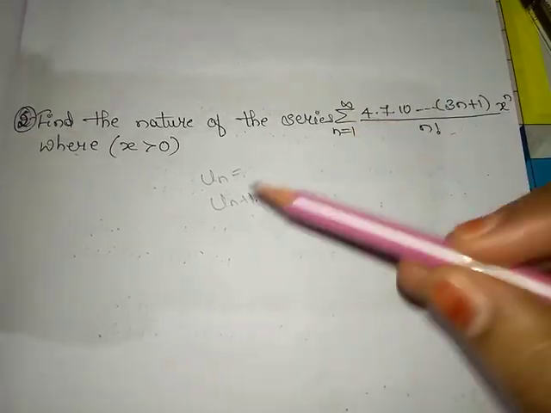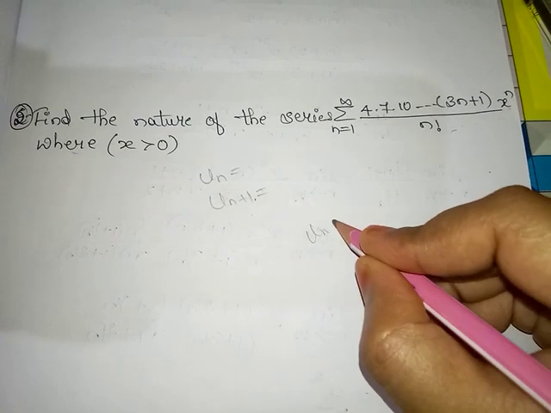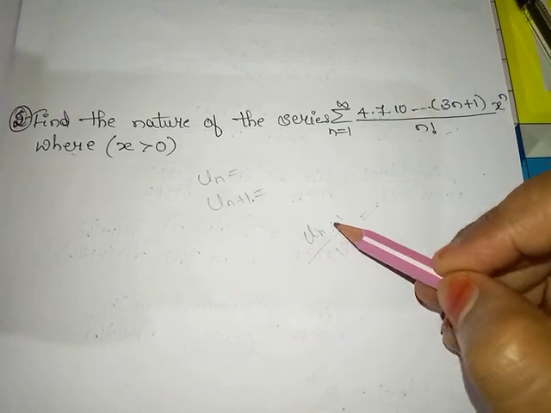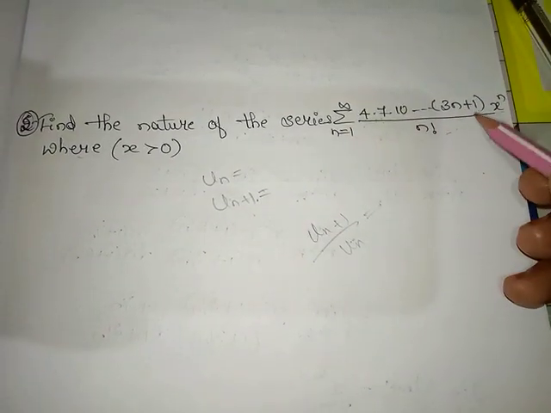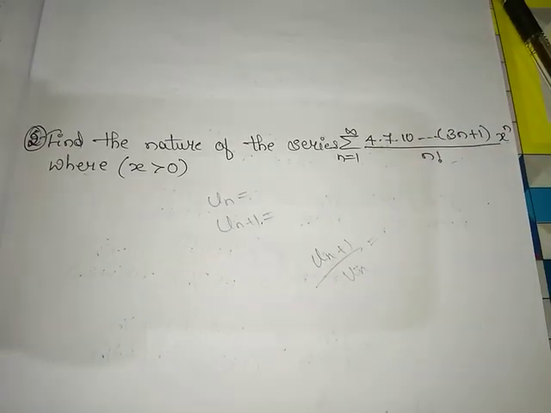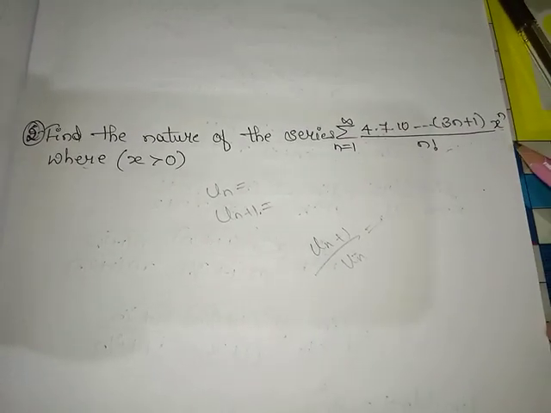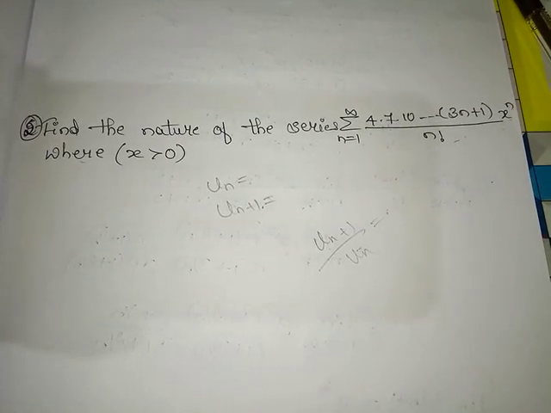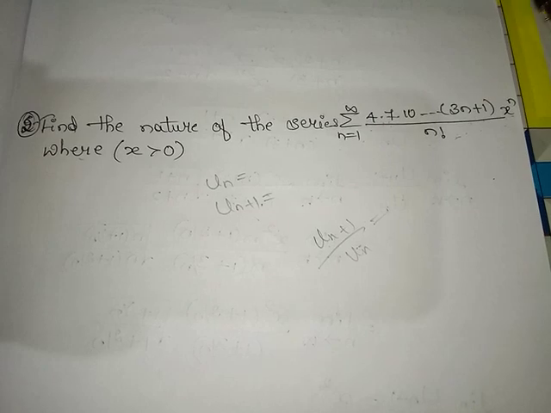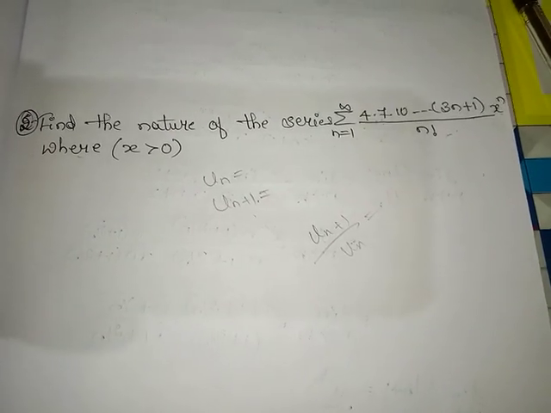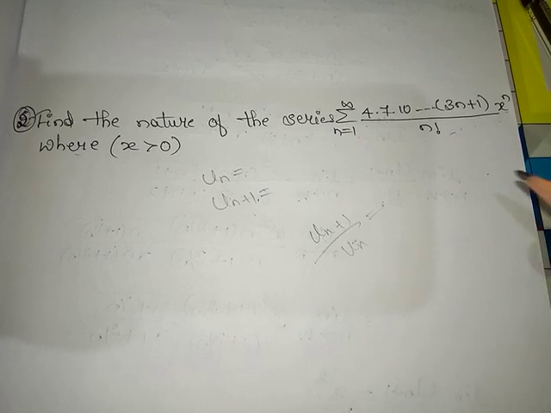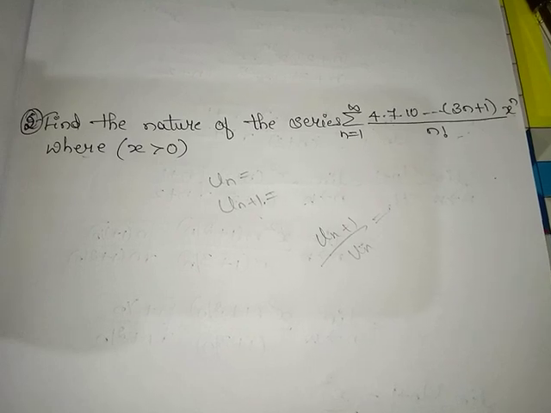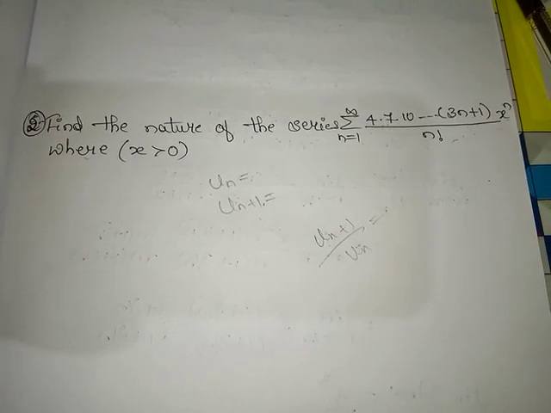While writing un plus 1 divided by un, just take the previous term of un plus 1 in the numerator to cancel the terms. If you get any term which gives an infinite number, avoid that by taking n as common in those terms, then cancel the n terms and find your limiting value. Then write the conclusion by ratio test.